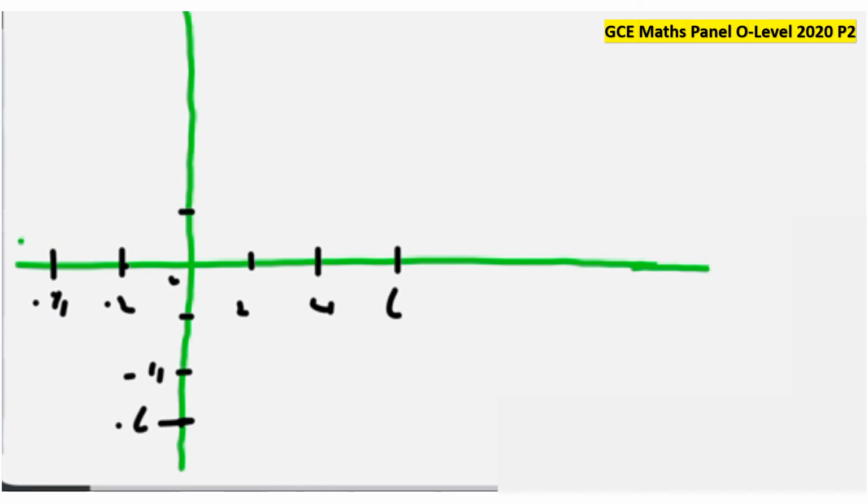Then here you have a 2, 4, 6, 8. This is my y-axis and this is my x-axis.